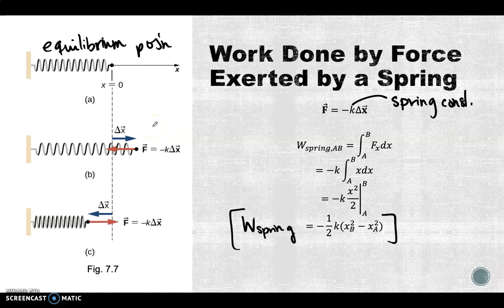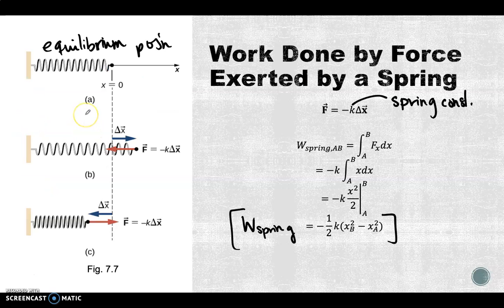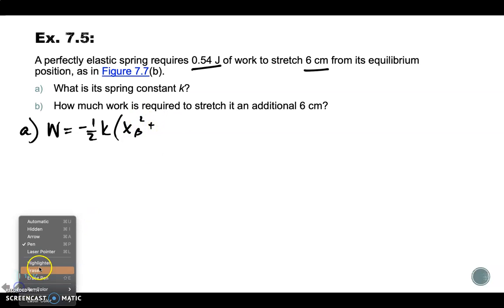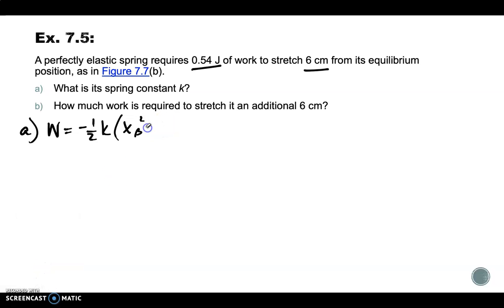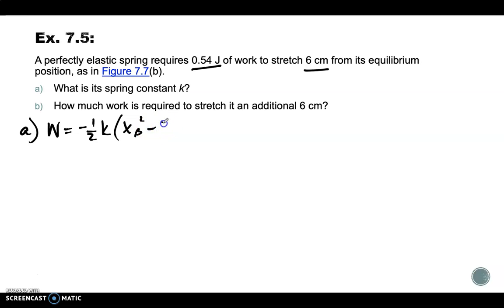We'll use this formula: work is equal to negative 1/2 k times x_b squared minus x_a squared.